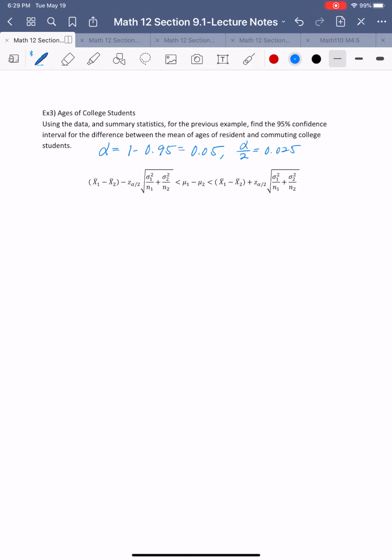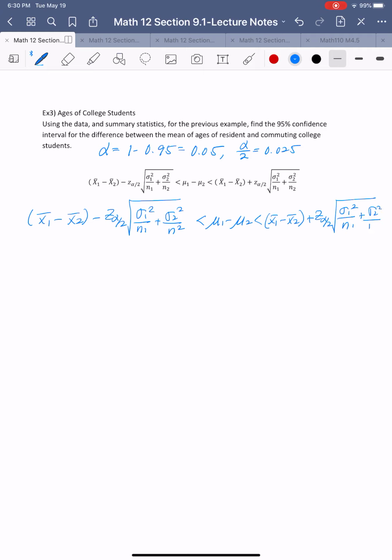So x bar 1 minus x bar 2, subtract z sub alpha over 2 times the square root of sigma sub 1 squared over n1 plus sigma sub 2 squared over n2, is less than mu sub 1 minus mu sub 2, which is less than x bar 1 minus x bar 2 plus z sub alpha over 2 times the square root of sigma sub 1 squared over n1 plus sigma sub 2 squared over n2. All right, so plug it in.